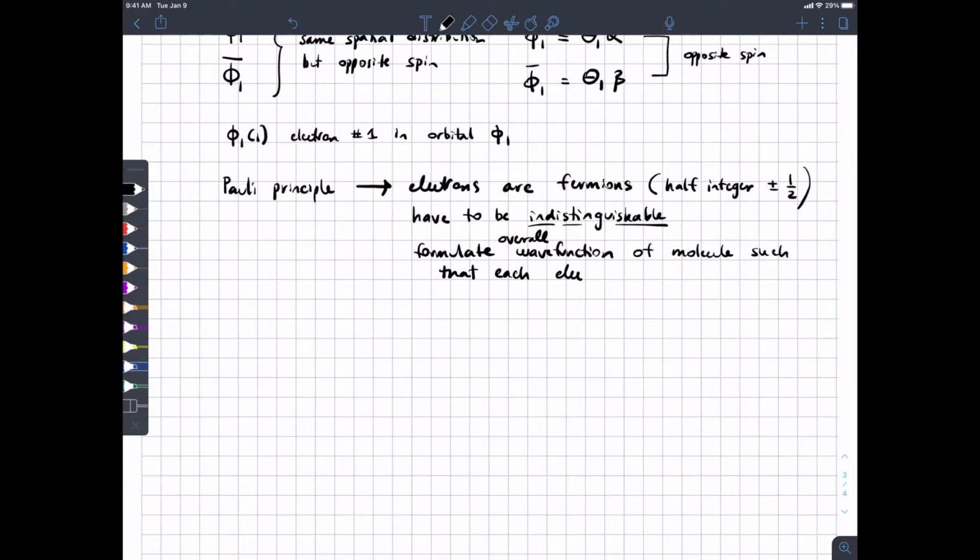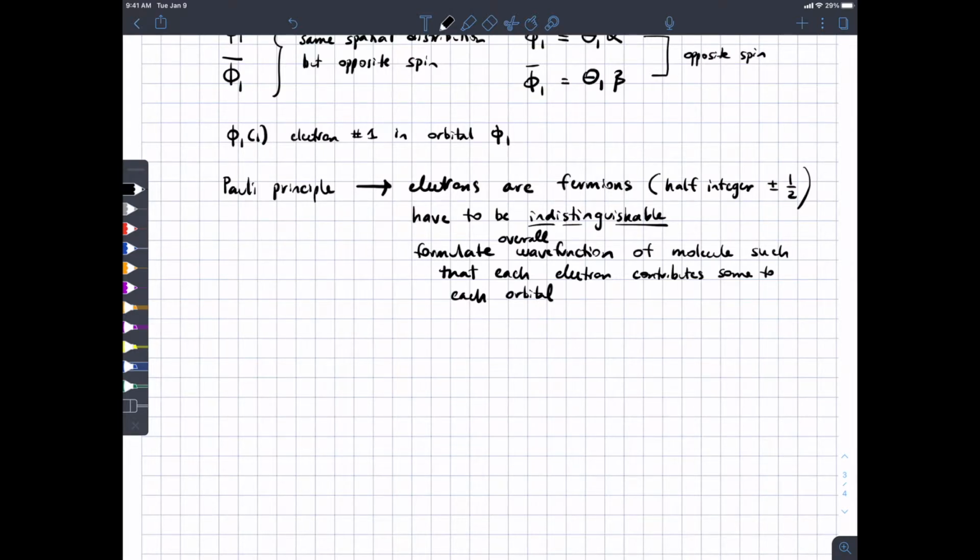So in our hydrogen example, this would be the bonding orbital and the anti-bonding orbital. We have to formulate the overall wave function of the molecule such that each electron contributes some to each orbital.